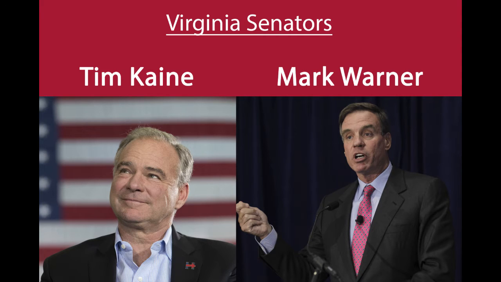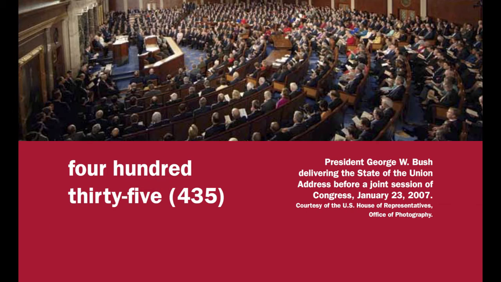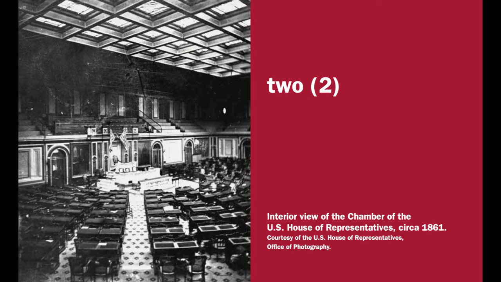Tim Kaine, Mark Warner. The House of Representatives has how many voting members? 435. We elect a U.S. representative for how many years? 2.